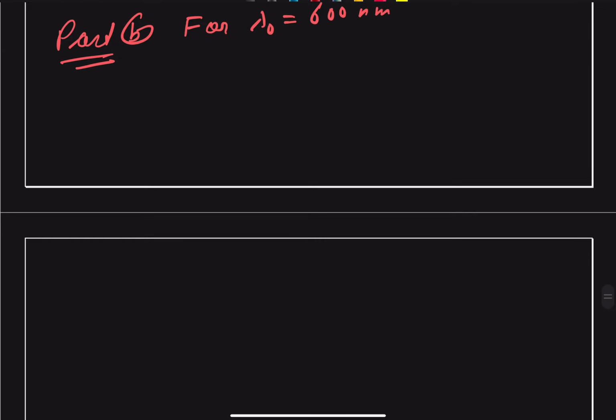Okay, let's draw the figure first. So we are given a prism which is like this, and if we complete it, this will be the completion of the triangle.